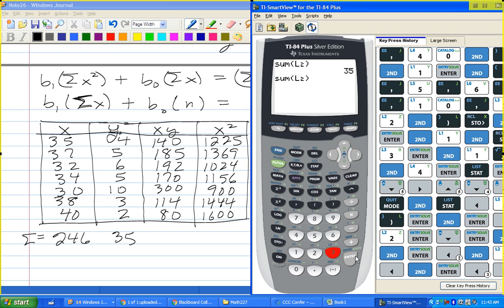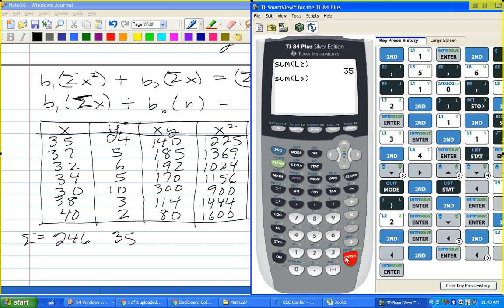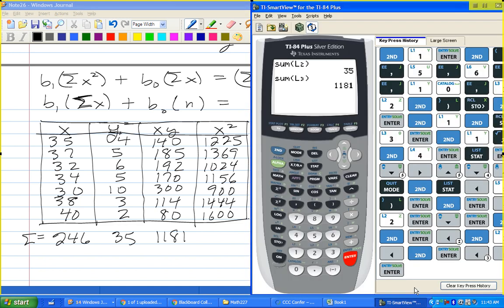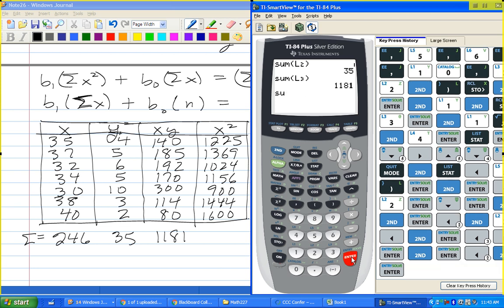Sum of L3 is 1181. And the sum of L4 is 8718.